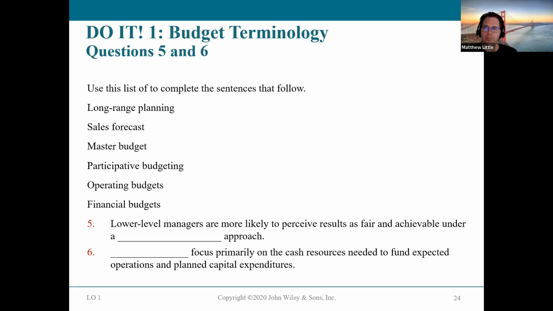Lower level managers are more likely to perceive results as fair and achievable under, and we've been talking about this for the last 10 minutes or so, participative budgeting approach. They're included. It's an inclusive approach. And the last item left to talk about: financial budgets focus primarily on the cash resources needed to fund expected operations and planned capital expenditures. So financial budgets look at all the cash needed to operate the business.